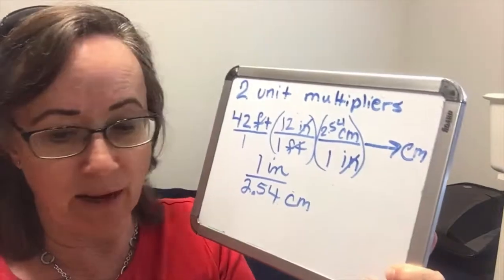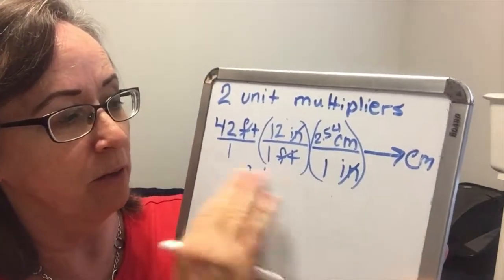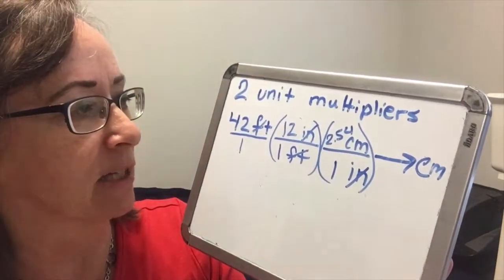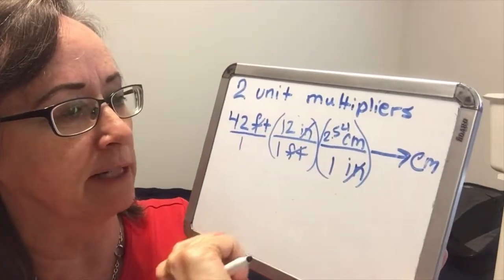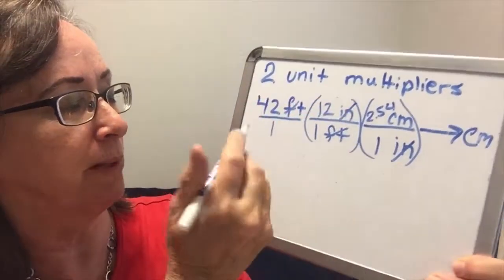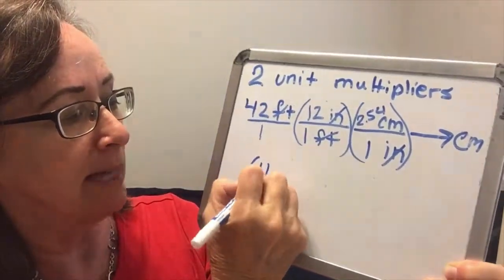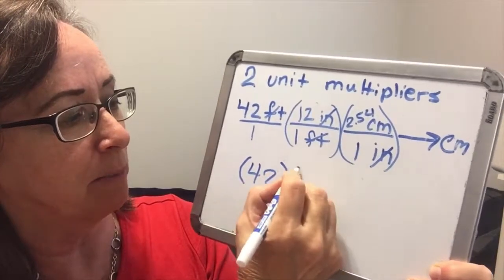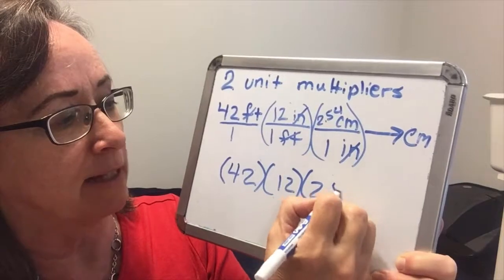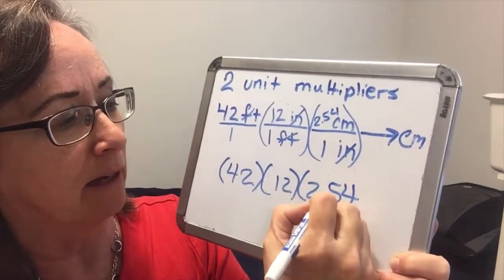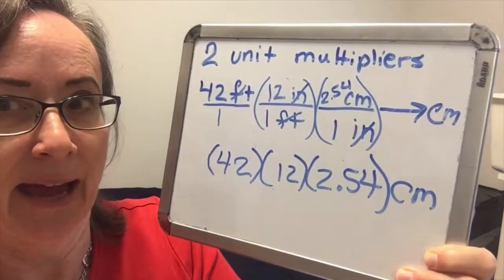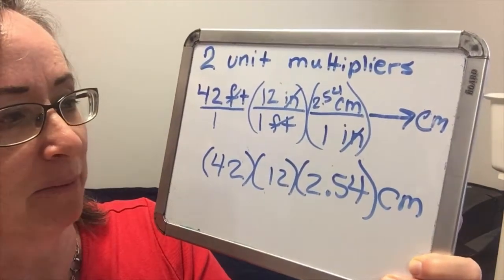So now the only thing we have to do is show our cancellation of our units. Everything is in centimeters now. So don't we just have to put these in parentheses? Your Saxon book does not make you even multiply it out. They're going to leave the answers just like that so that you can concentrate on the proper setup and not have to worry about all of that multiplication.